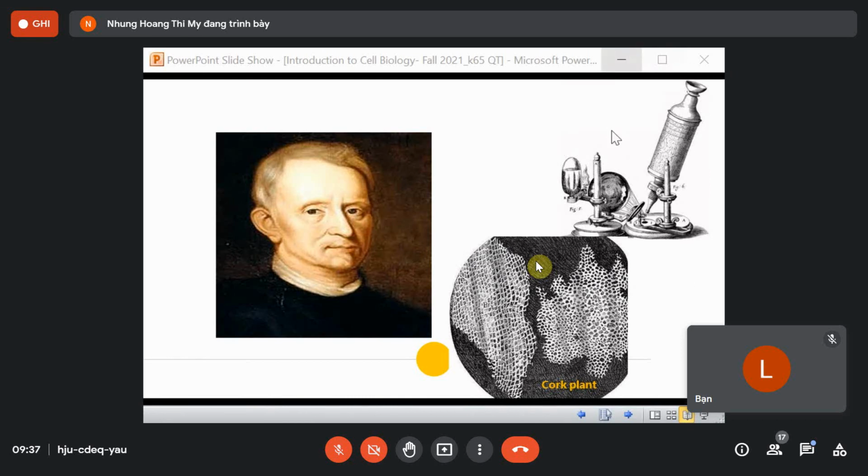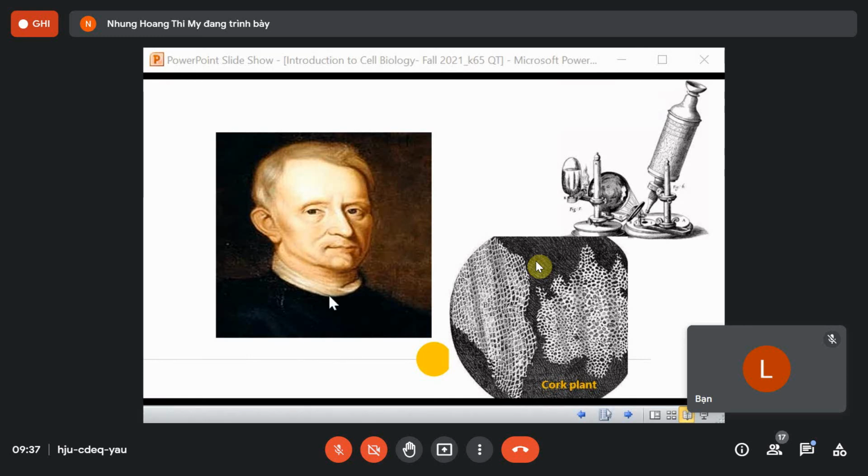So this is a microscope invented by Robert Hooke, and this is the drawing of what he saw through his microscope. He drew all the things he saw through the microscope.